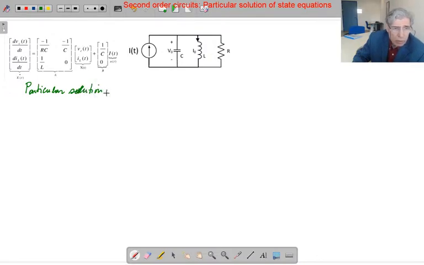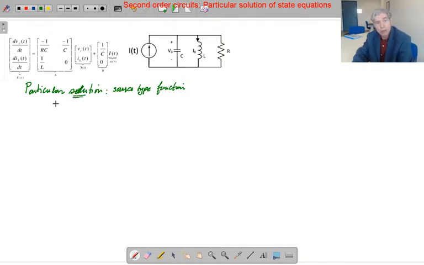So the particular solution is the source type function. When it is substituted for this variable in this differential equation, the left hand side should be equal to the right hand side, since it is a solution.